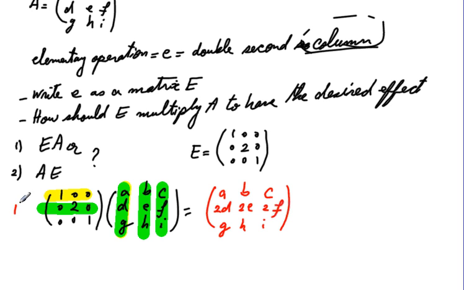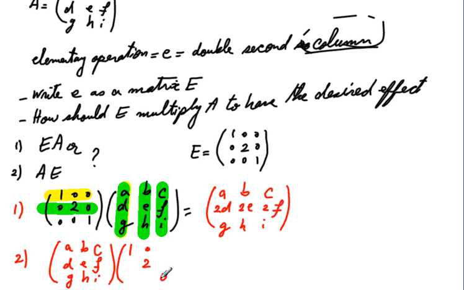So this is style 1. Style 2 is A, B, C, D, E, F, G, H, I multiplied with 1, 2, 0, excuse me, with that column. Now I'm going to take each of these rows and multiply by that.